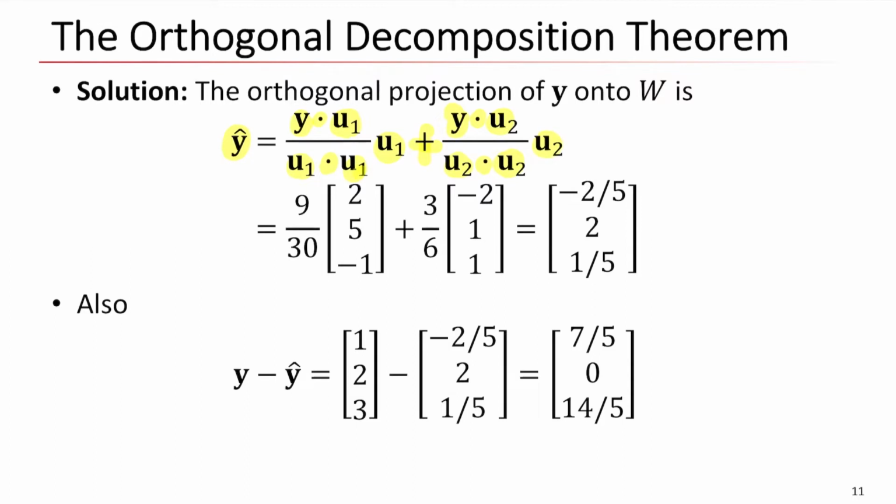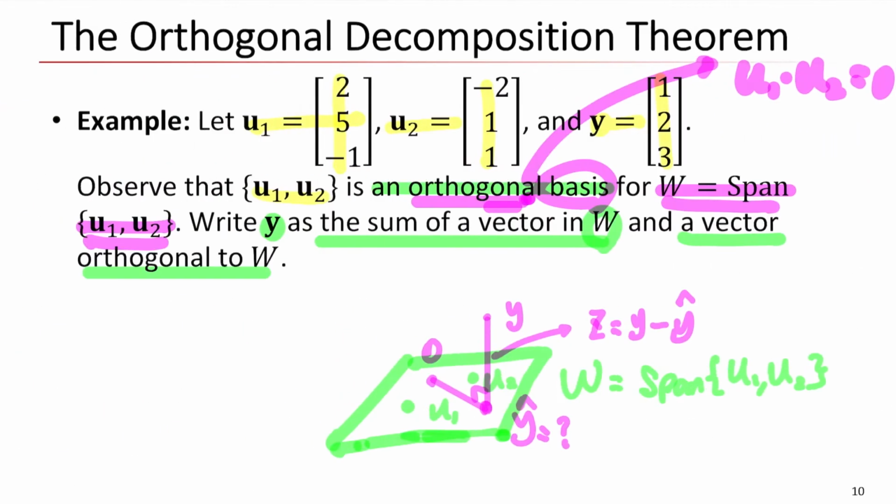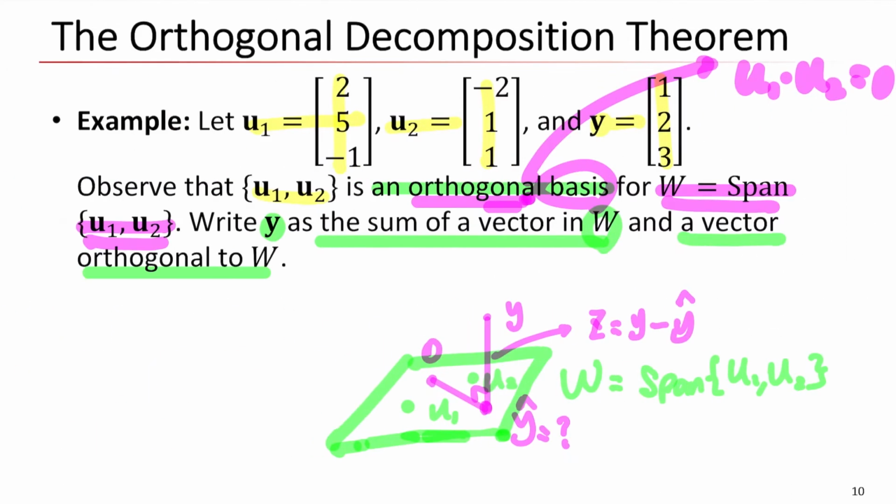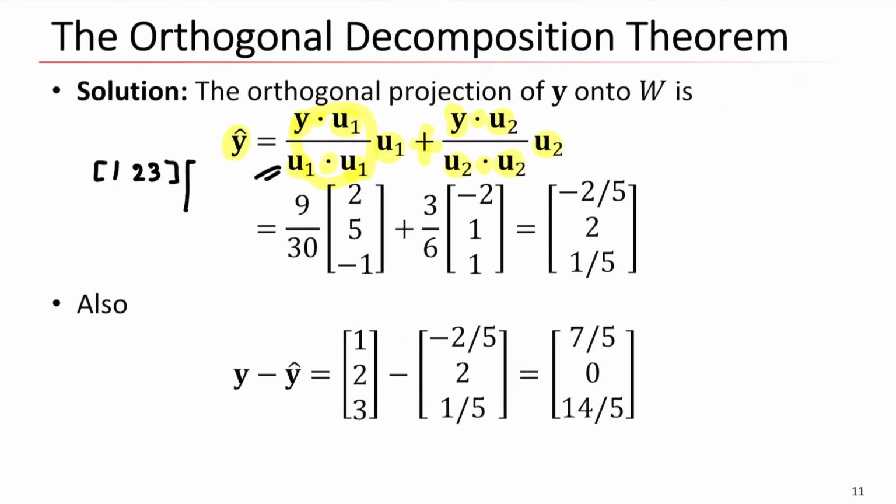So what is that? y is 1, 2, 3, and u1 is 2, 5, negative 1.